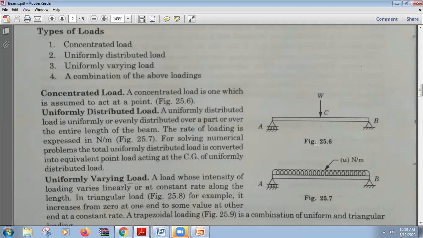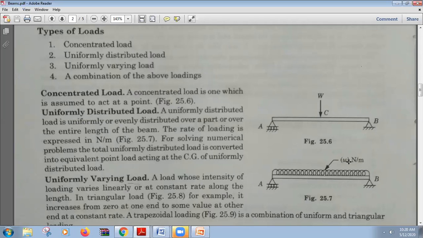But a uniformly distributed load tells how much weight is acting per unit length, so it is given as W newton per meter. To get the complete load, we have to multiply the uniformly distributed load with the length of the beam.